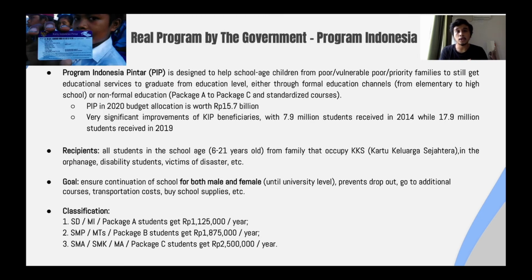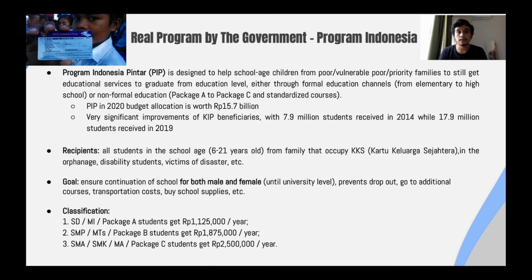And the main goal of Program Indonesia Pintar is to ensure continuation of education for both male and female students, so that they pass through all education levels up until university level. And now there have been talks that the government is planning to also provide support at the university level, so that they can also study abroad, not just in Indonesia.